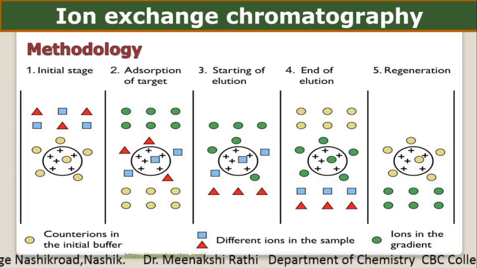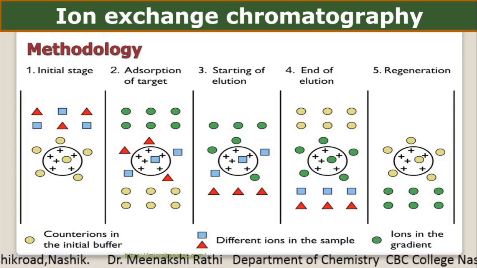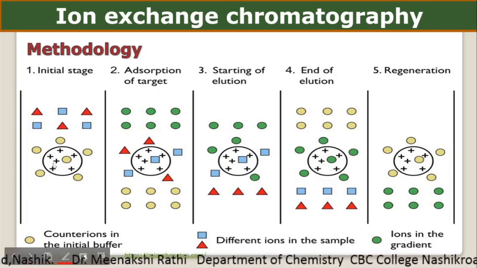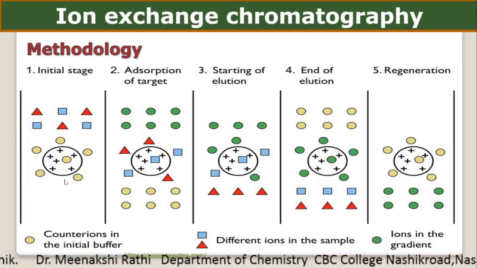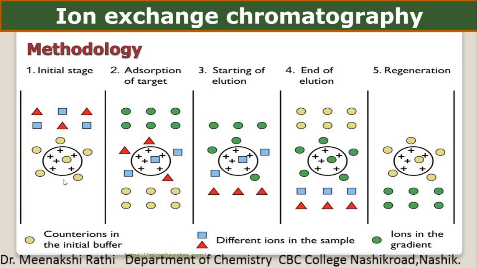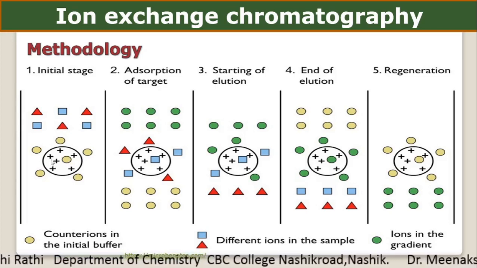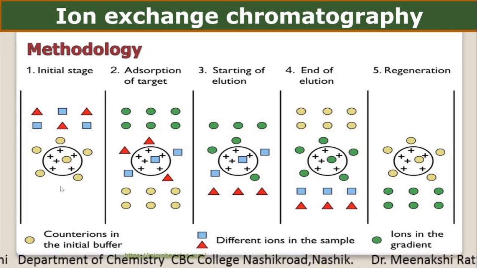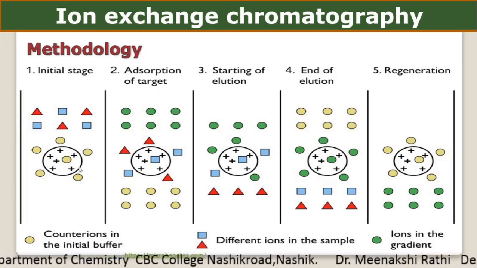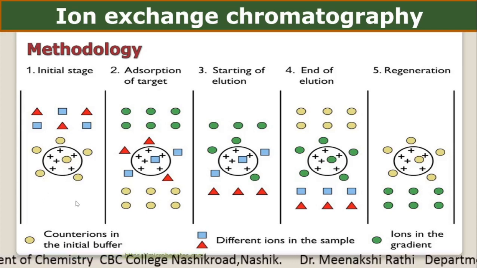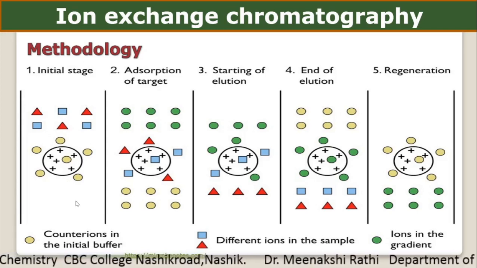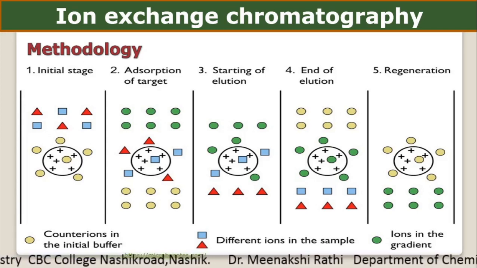Now here in this example you can see the ion exchanger is positively charged because we want to separate the proteins with negative charge. First this column, which has a positively charged ion exchanger, is washed with 1 molar NaCl solution.